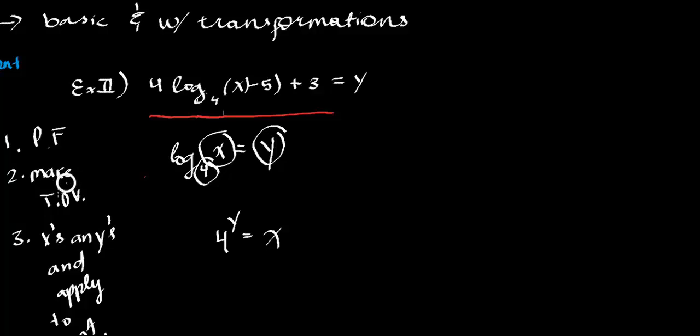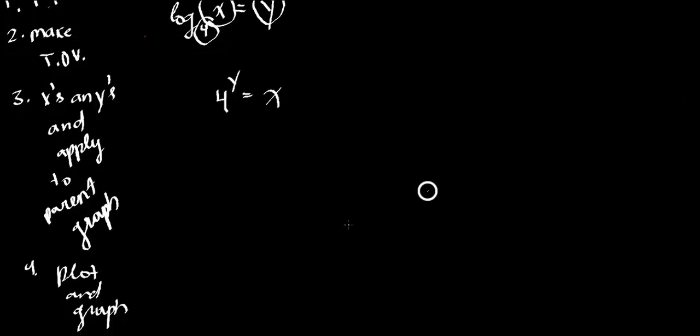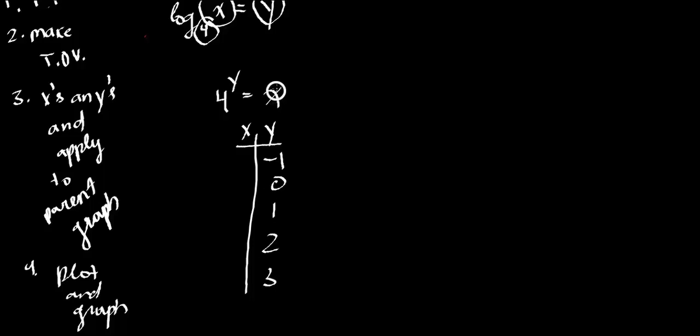So, second step is to make a table of values. Let's do that. Alright, and remember, we are picking y values, right? Because if we just plug in a y value, we'll get our x value. That'll be easier. So, I'm going to pick negative 1, 0, 1, 2, 3. Okay.